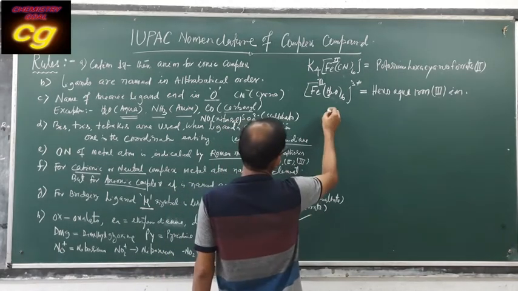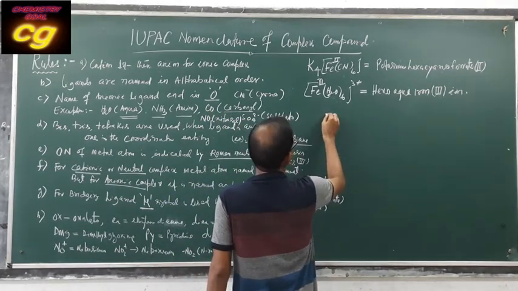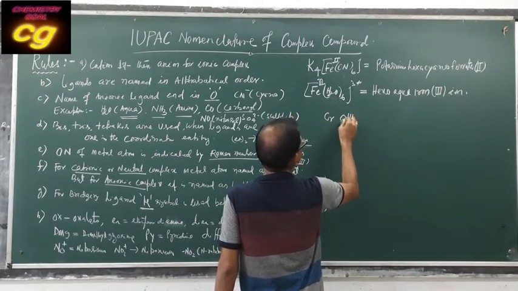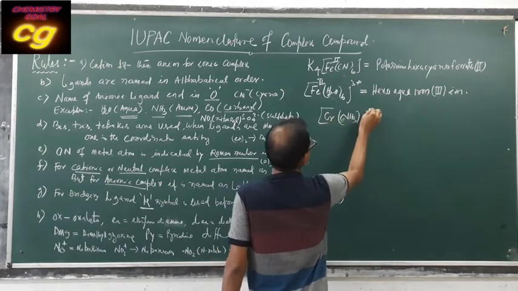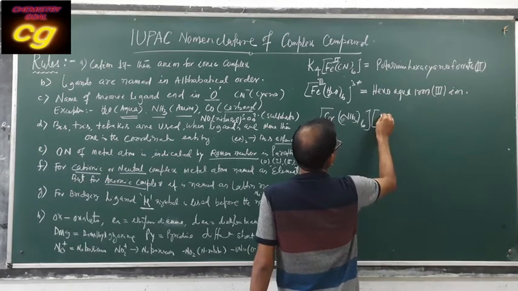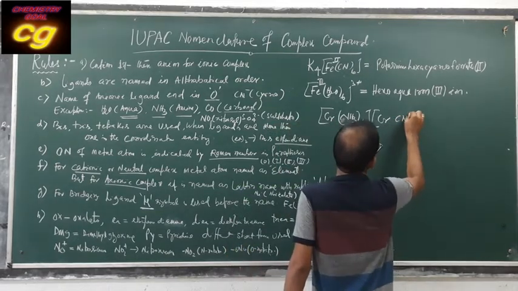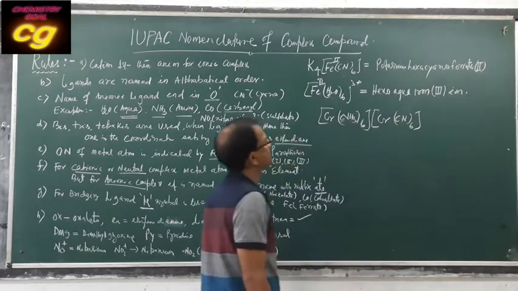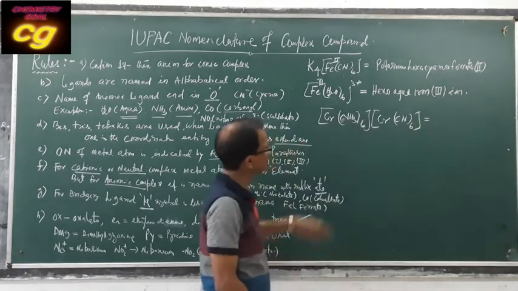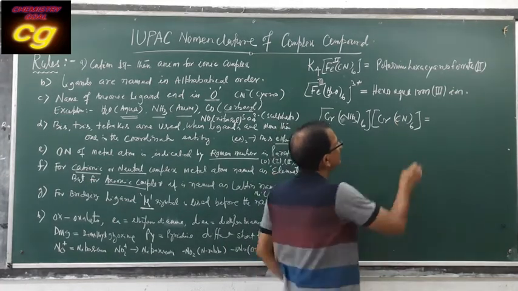Suppose the complex has both cation and anion, for example, [Cr(NH3)6][Co(CN)6]. It is also one type of complex. As it is a negative ligand, the whole complex is 3 minus.